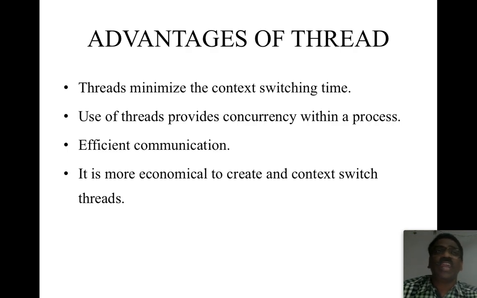It takes 10 to 15 seconds. That is a very high time in computers. It's a very, very difficult task. That's why context switching is one of the bad things for processing.